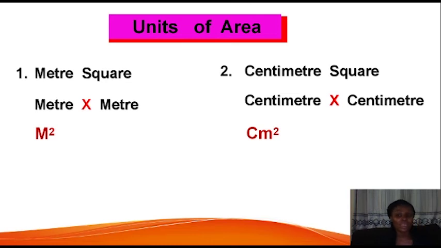So cm square is the symbol of centimeter square. When we say symbol, it has to do with the short form, how to write it in a short form. Instead of writing the long centimeter square in words, you can write it as cm square.